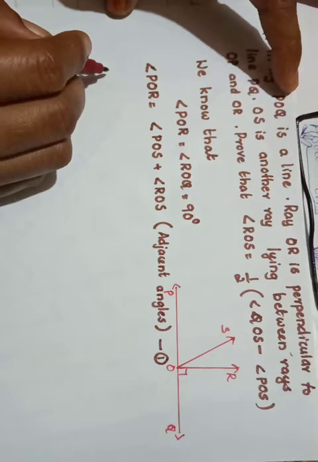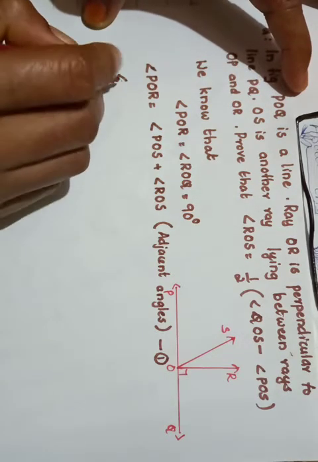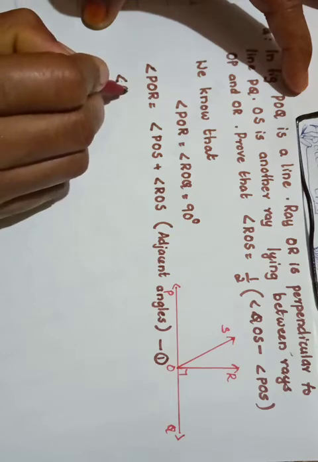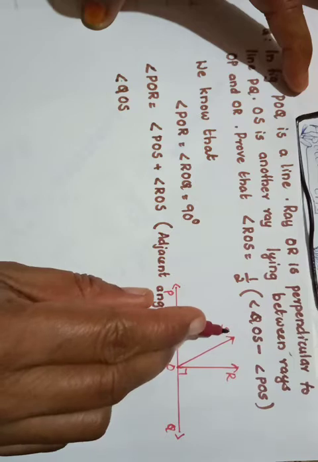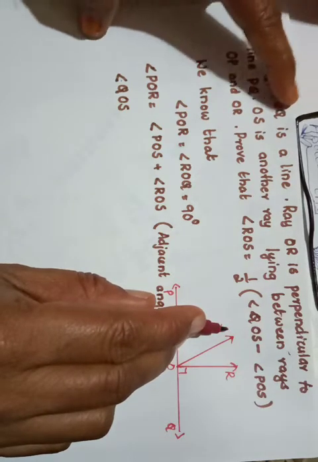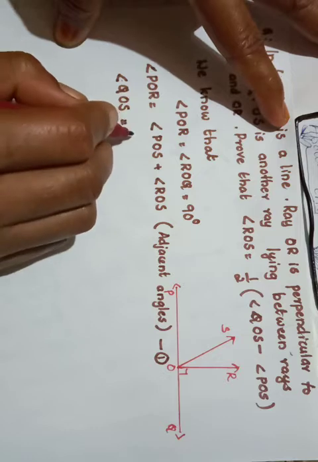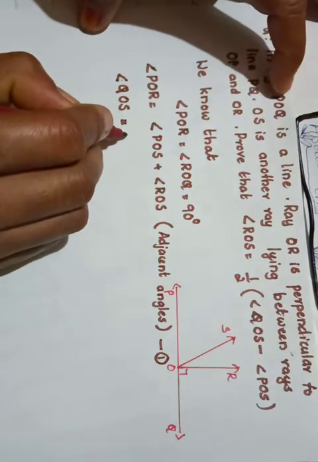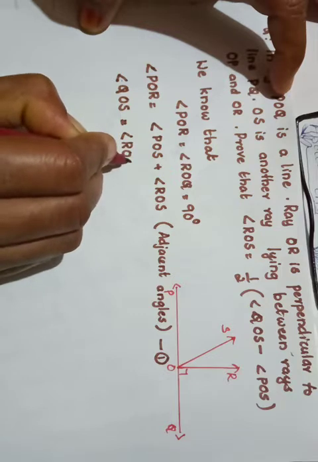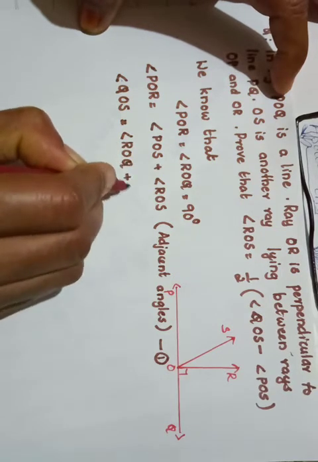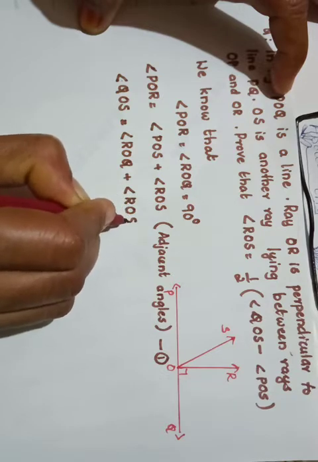Same way, angle QOS is also an adjacent angle. So we can write this as angle ROQ plus angle ROS.